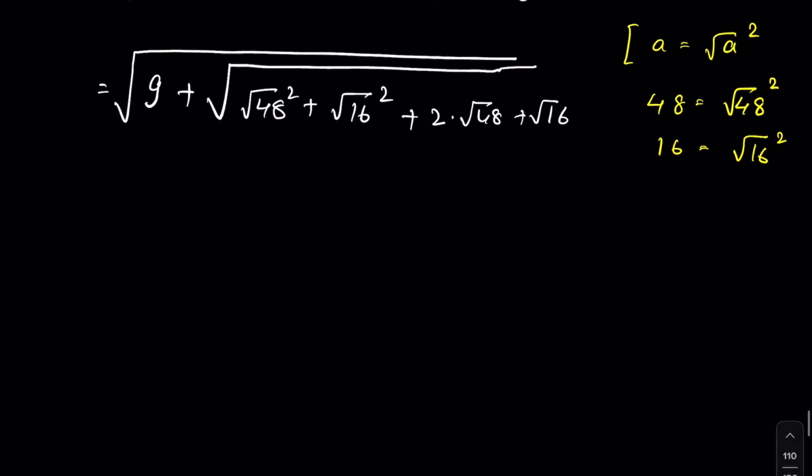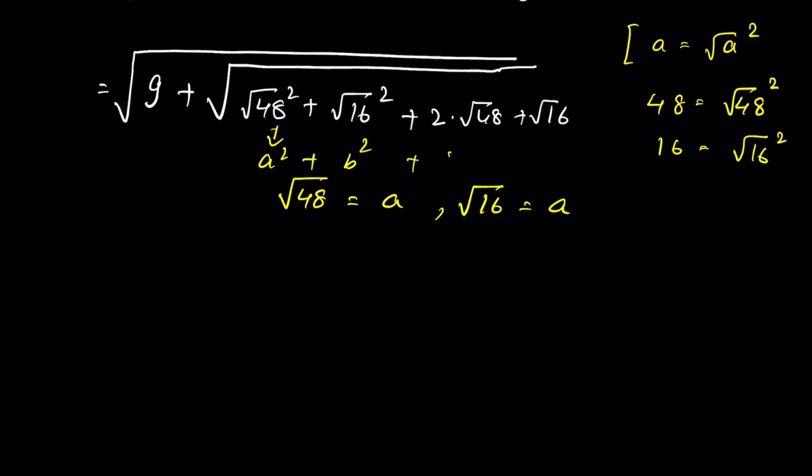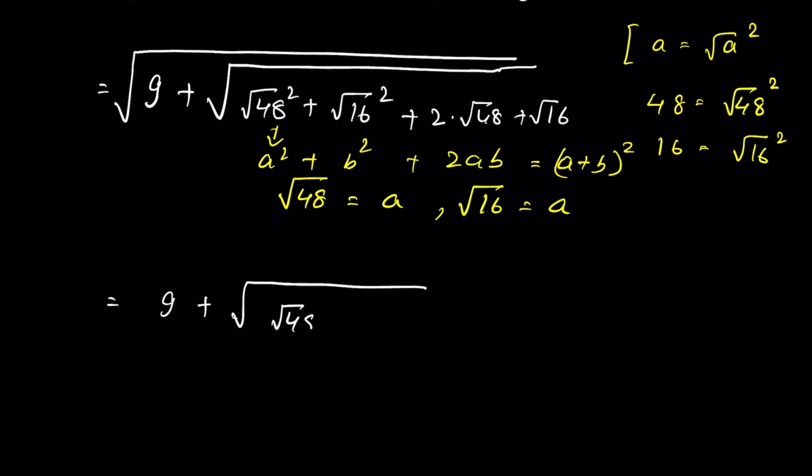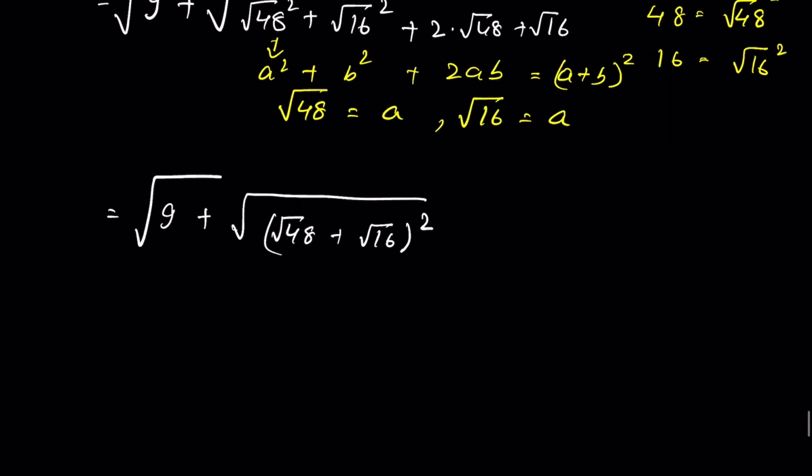Now if you consider square root of 48 as a and square root of 16 as b, then here you can see it is a square, it is b square, and this here is 2ab. So this is an algebraic expression. We can write it as a plus b whole square. So this will be 9 plus square root of 48 plus square root of 16 whole square, all under square root.